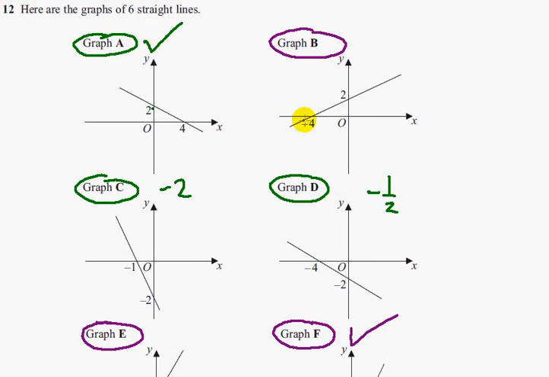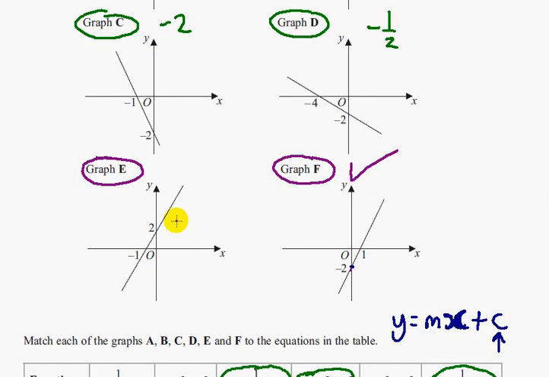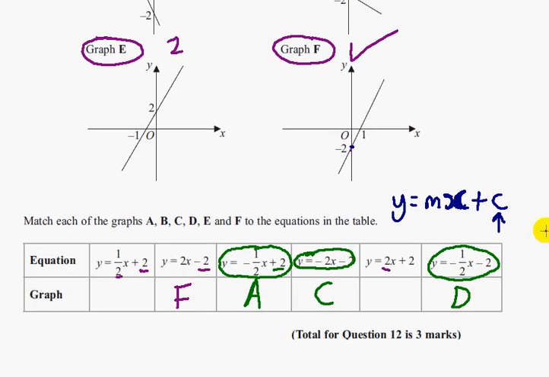Now we've done F, let's take that. So this one here, 4 to the right, it goes 2 up. 2 to the right, it must go 1 up then, and 1 to the right, it must go half up. So this one must have a gradient of a half. And this one here, 1 to the right goes 2 up. So this one must have a gradient of 2. Hopefully one of them has a gradient of 2. Yes, it does.